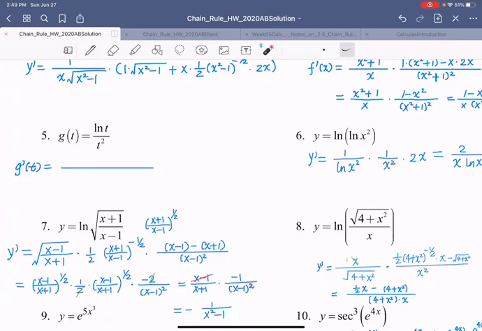So for the quotient rule, ln t's derivative is 1 over t times t squared, minus ln t times 2t, over t to the power of 4.